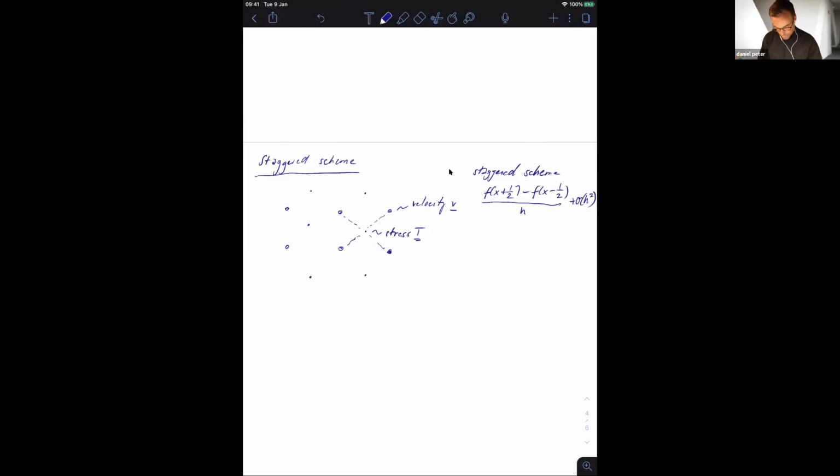And if you want, you can look at the paper from Luo and Schuster that came out in 1990.